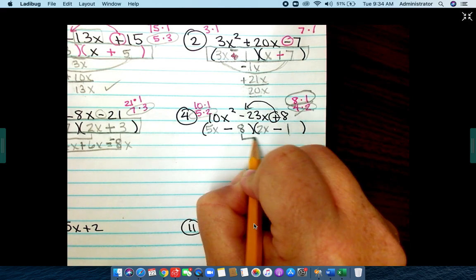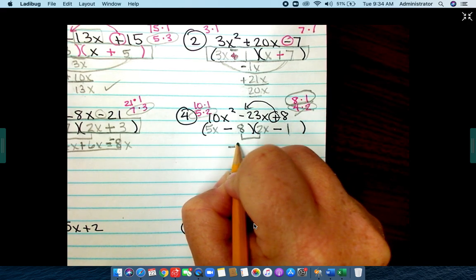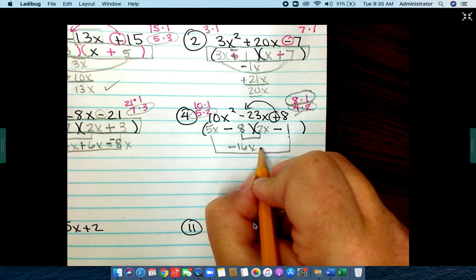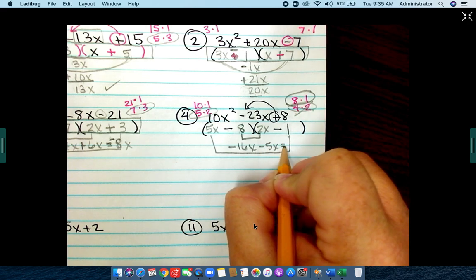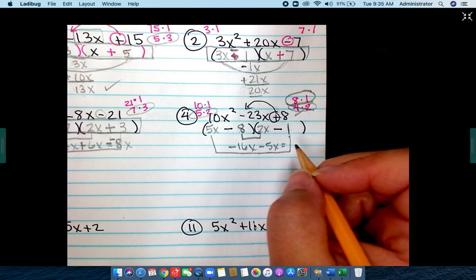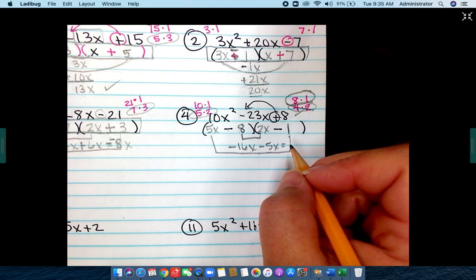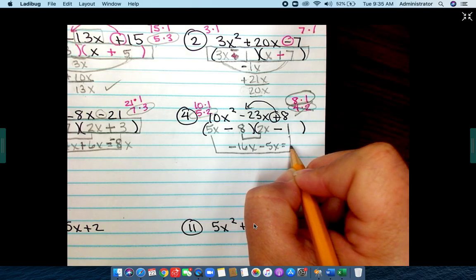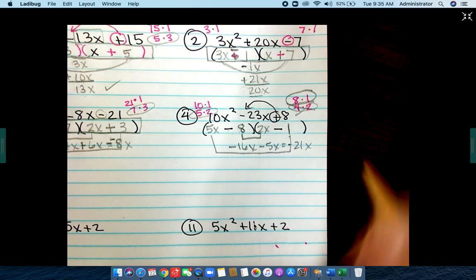So remember here, inner and outer check. Negative 8 times 2x is negative 16x. 5x times negative 1 is negative 5x. And together, those make, let me see, negative 21x. That's not what I'm looking for.